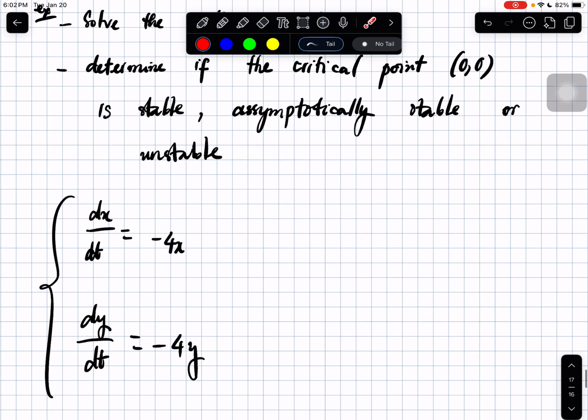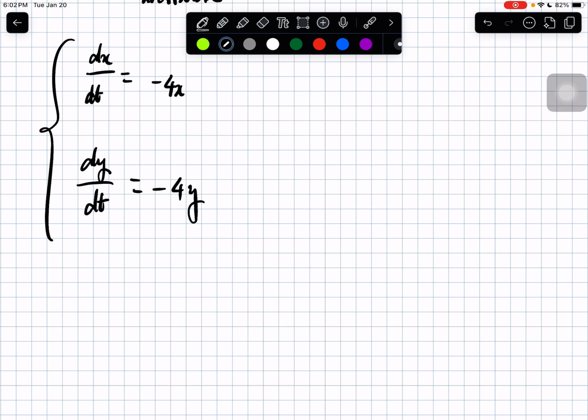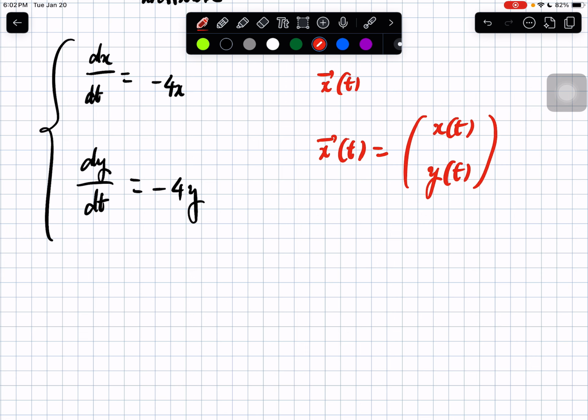So for the following system, the question might just give us a vector x(t), if we think of x(t) as the vector (x(t), y(t)), they can give us x'(t) equals A times x. As we usually know, A is the matrix [-4, 0; 0, -4].